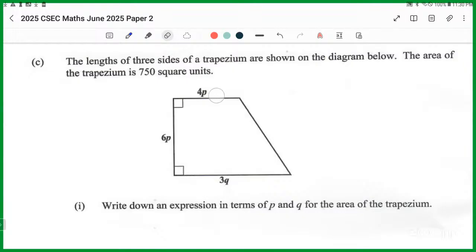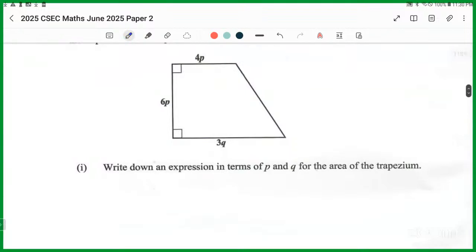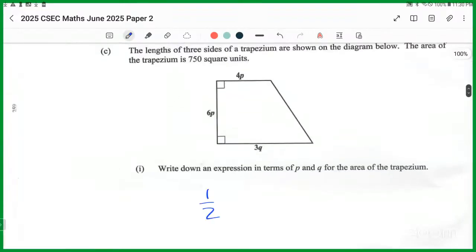So these are the 2 parallel sides. And this is the perpendicular distance between them. Question says, write down an expression in terms of p and q for the area of the trapezium. All right. So the area would be half the sum of the parallel sides, which is 4p plus 3q, multiplied by the distance between them, which is 6p.